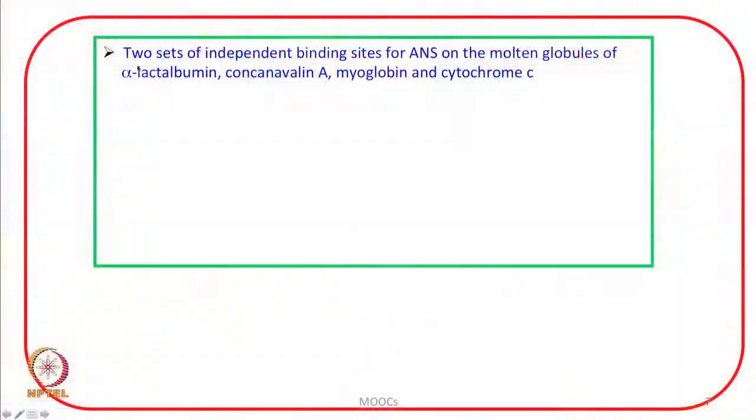Based upon the data obtained from literature on the binding of ANS with the molten globule states observed in alpha lactalbumin, concanavalin A, myoglobin, cytochrome C and a few other proteins, this comment is made: two sets of independent binding sites for ANS on molten globule states of alpha LA, con A, myoglobin and cytochrome C have been observed.